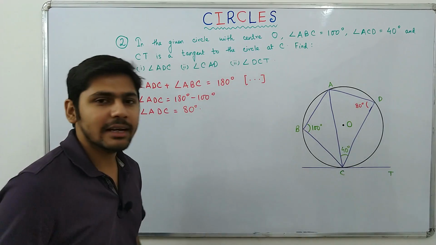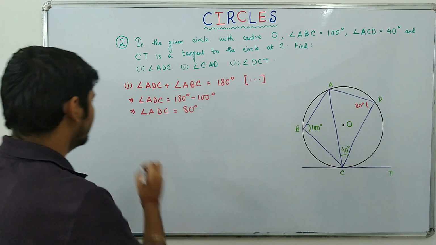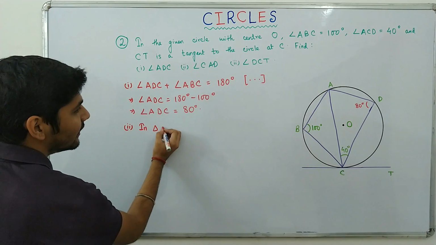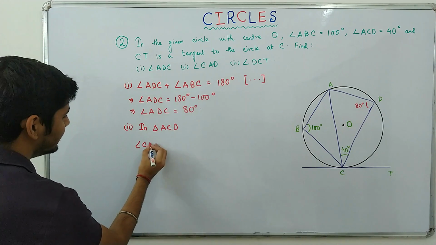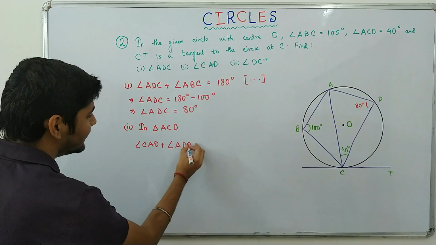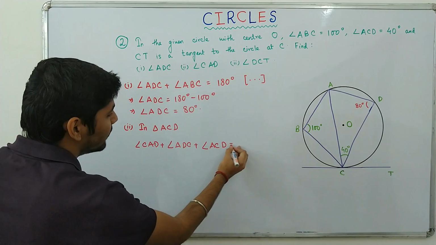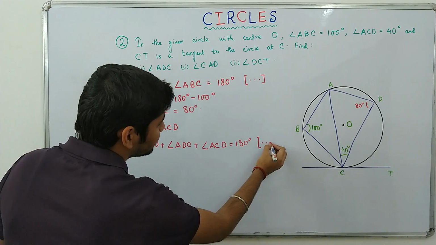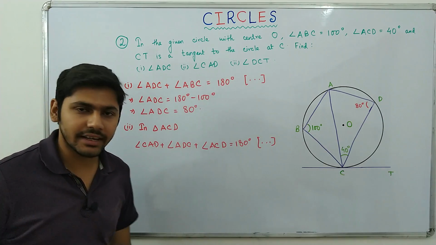As we know, the sum of all three angles of a triangle is 180 degree. So let's do that. So number 2, in triangle ACD, angle CAD plus angle ADC plus angle ACD will be equal to 180 degree. And beside it I'll write that the sum of all three angles of a triangle is 180 degree.